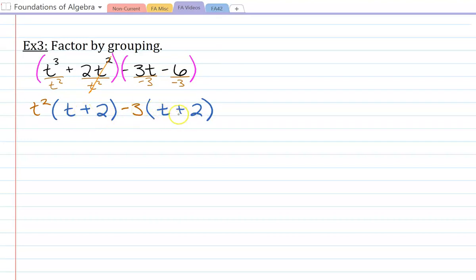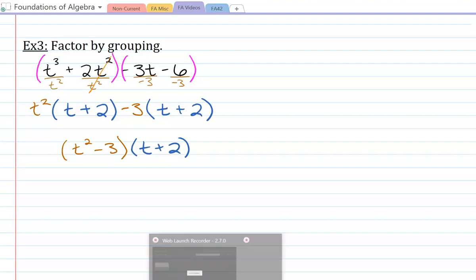This gives us our common binomial, which is excellent. So now we can squish them together. So we'll have t squared minus 3 in its own set of parentheses. And then we're squishing the two binomials into its own set of parentheses, just like that.